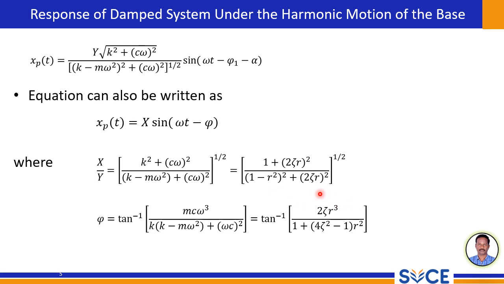Similarly, the overall phase angle can also be expressed in terms of dimensionless parameters r and zeta, and we will get this simplified form. Let's see how r and zeta influence the response of the damped system.